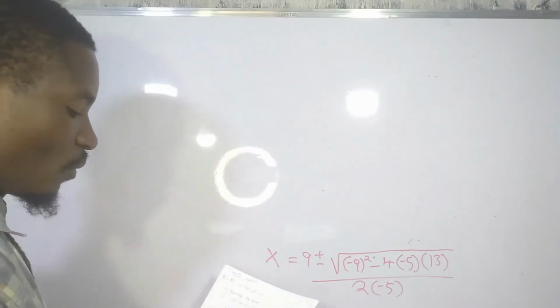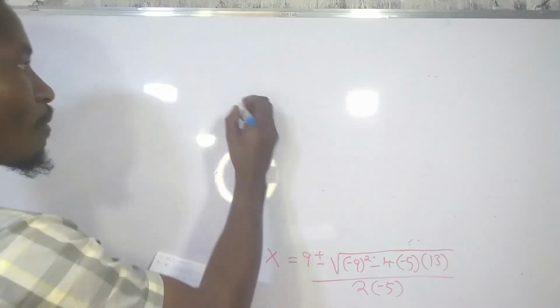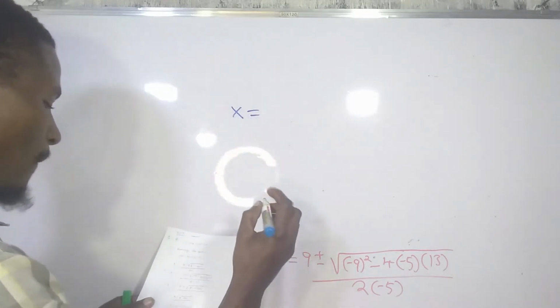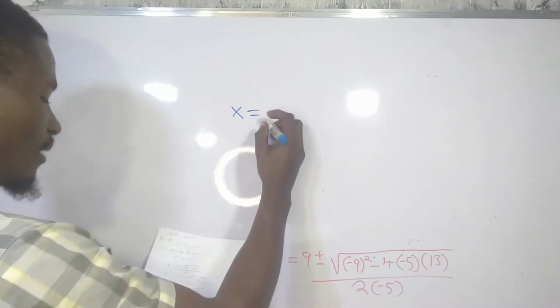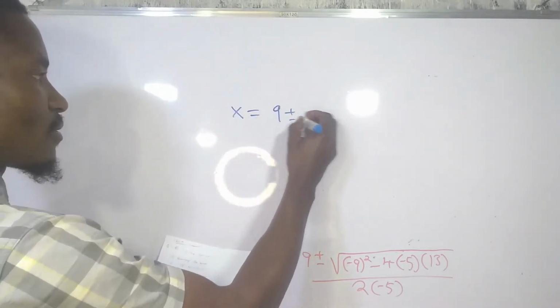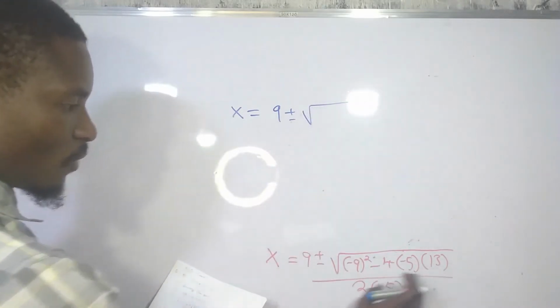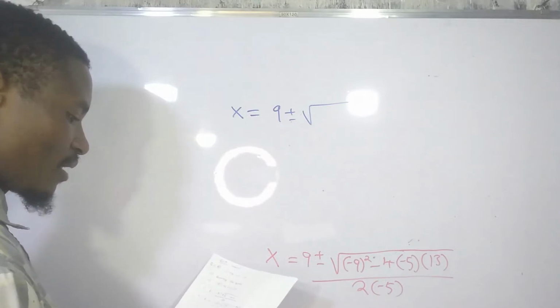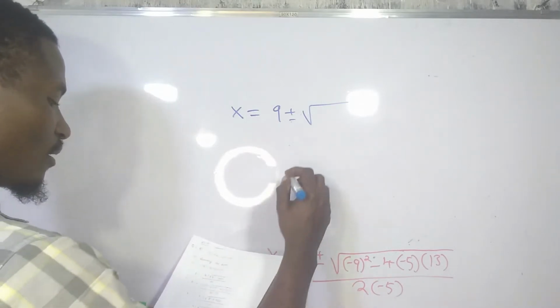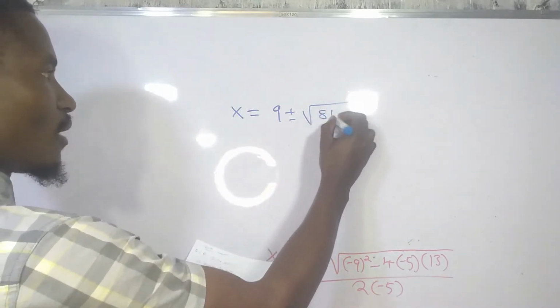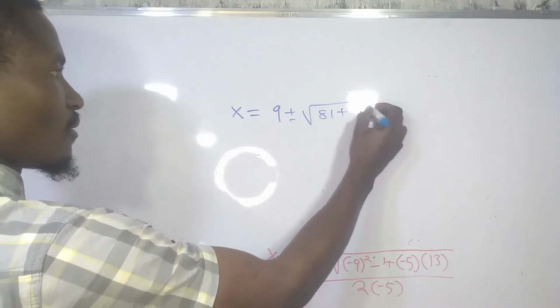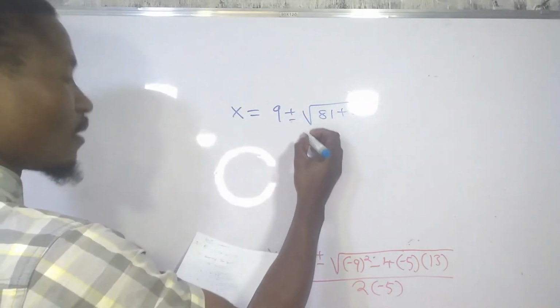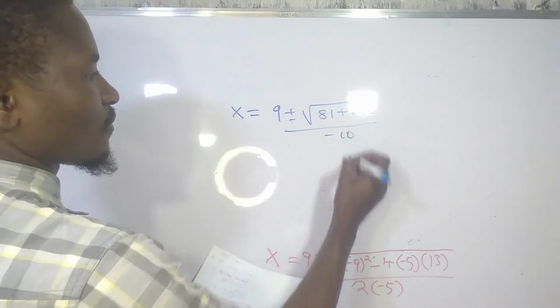From there, x equals 9 plus or minus, and when you punch everything in, you are going to have something like 81 plus 260, and then divided by negative 10.